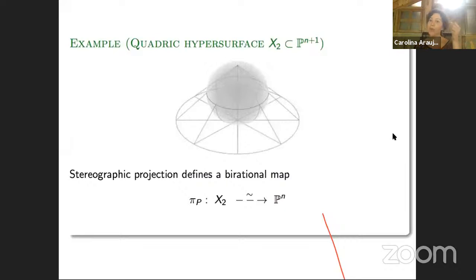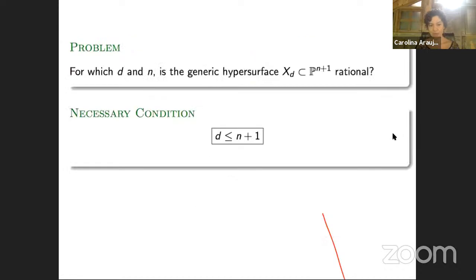So we take a point in our quadric hypersurface, and then we project from there. This is the same projection as I explained to you in the plane. And because each line intersects the quadric hypersurface in 2 points, this gives us a birational map. We can construct a birational inverse. Okay, so we see that quadric hypersurfaces are rational.